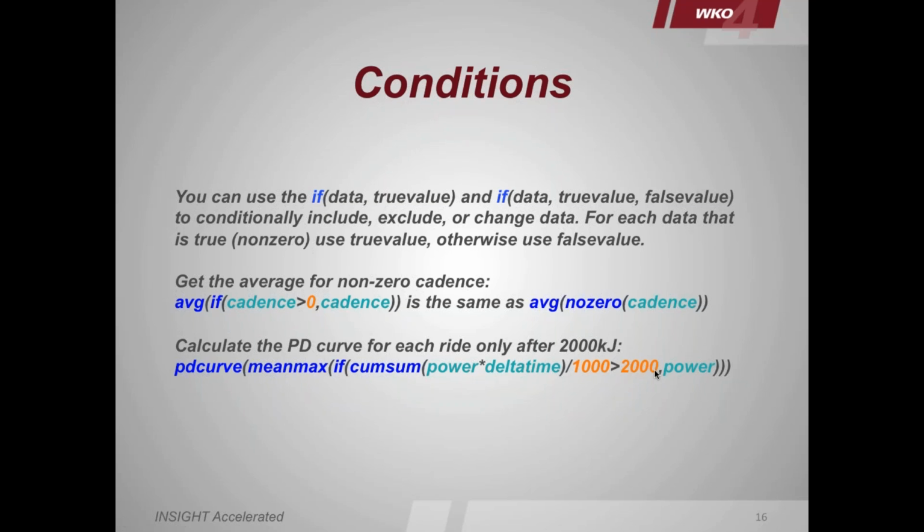One of the things that separates superhero riders from us mere mortals is their ability to ride hard after they've done a certain amount of work. So we've been playing with looking at people's power duration curves or mean-max curves after they've put in a certain amount of work. This example is 2,000 kilojoules, and you can change that to 3,000 or 1,000 or whatever number you want in your own chart.